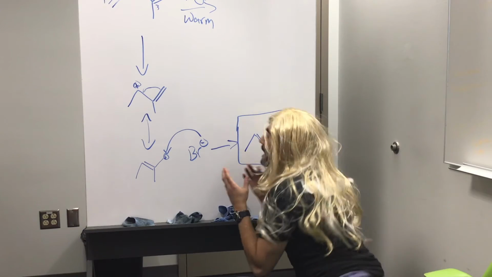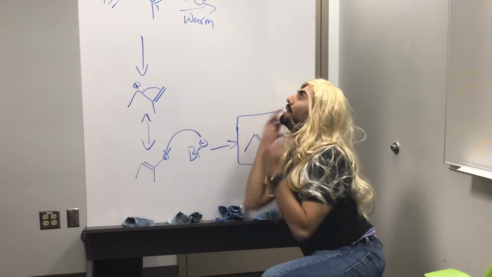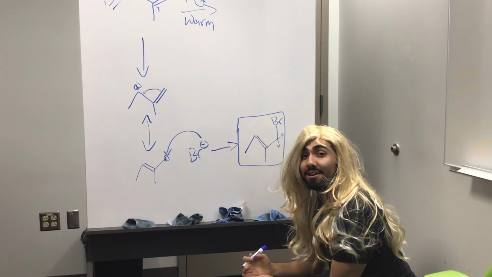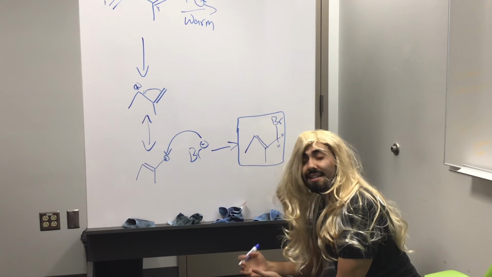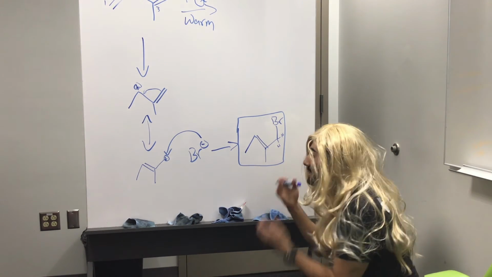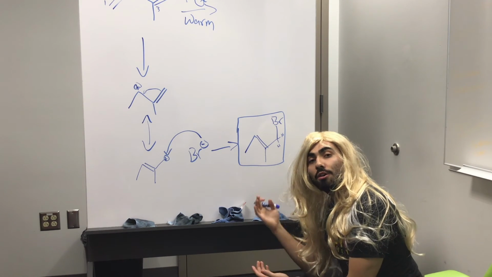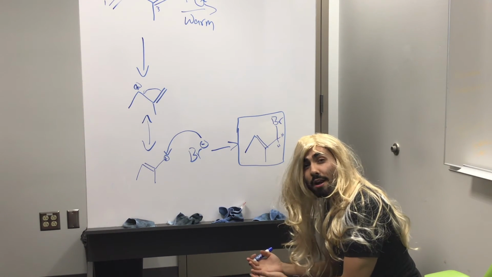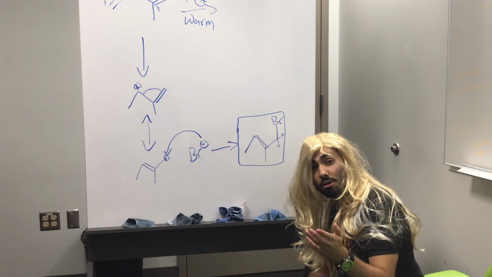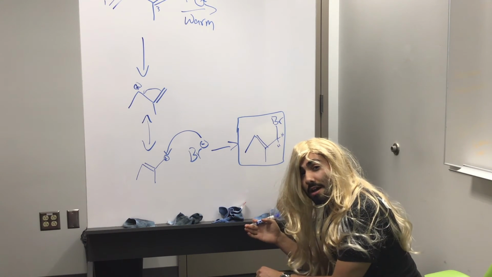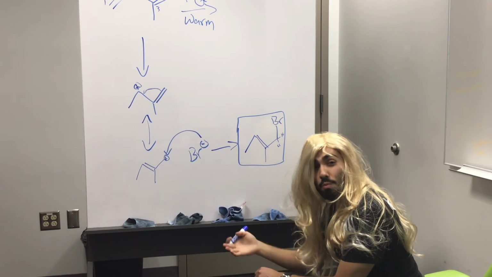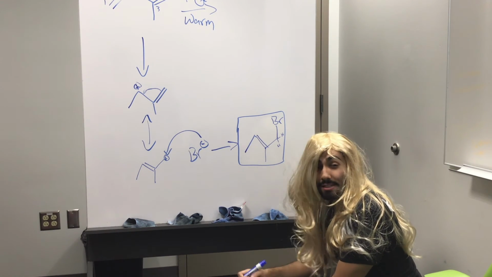Now, just a couple ending notes: 1,4 does not necessarily always mean it's going to be the more thermodynamically stable product. Typically, in most cases, it'll probably be your more thermodynamically stable product. But as Vinayak mentioned earlier, sometimes your 1,2 kinetic product can also be your thermodynamically stable product.